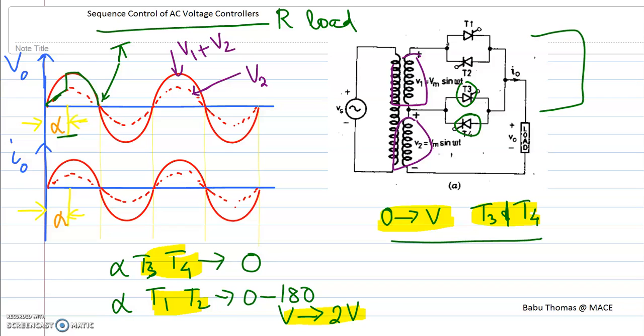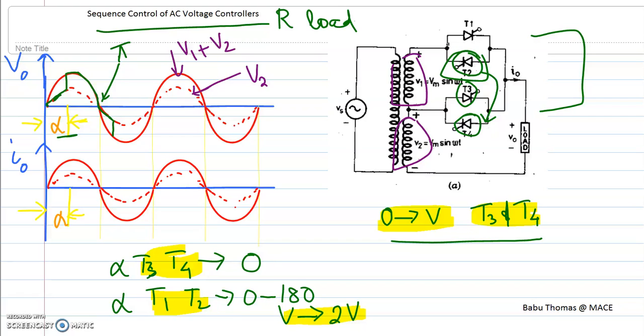So it will again start to conduct like this, and again at an angle alpha I am going to trigger the thyristor T2. Therefore it will go to the next waveform of V1 plus V2. So that negative voltage is going to appear across the thyristor T4, turning it off.